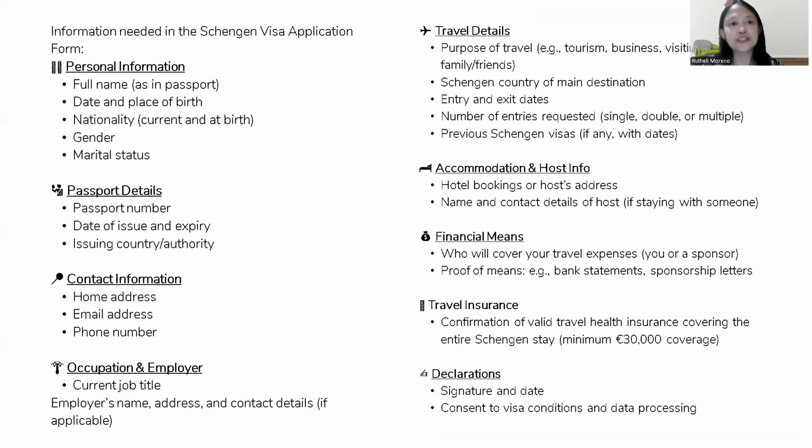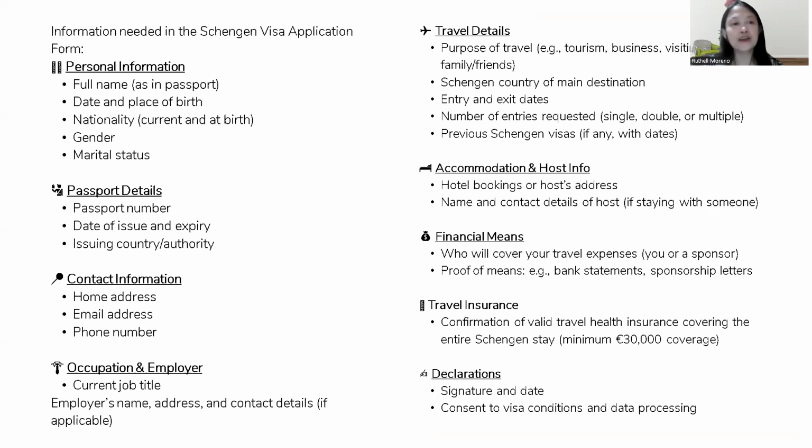These are the information needed in the Schengen visa application form. You have your personal information, which includes your full name, the exact complete name, which is also seen in your passport, the date and place of your birth, your nationality, gender, and marital status.